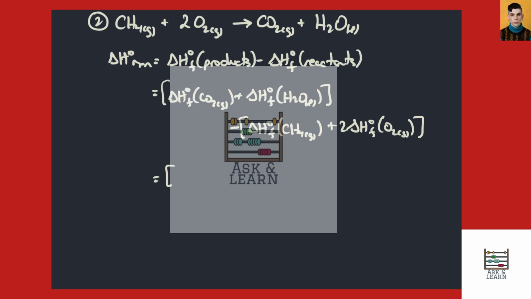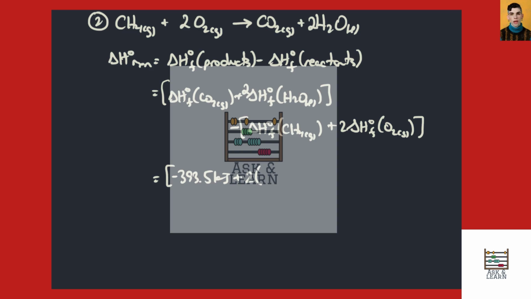Delta H naught formation of CO2 gas is negative 393.5 kilojoules. Sorry, this wasn't balanced. There's a 2 there, which means there needs to be a 2 here.